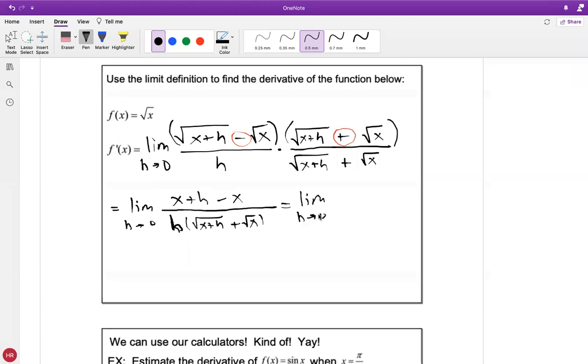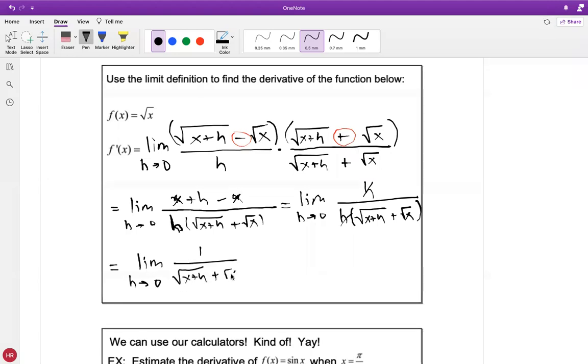Limit as h approaches 0, these x's cross out. I'm left with just h on top. And conveniently, there's an h still multiplied on the bottom because I didn't distribute that h. And now I can cross those off, and I get the limit as h approaches 0 of 1 over root x plus h plus root x.